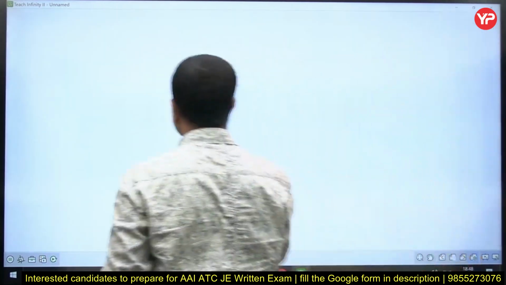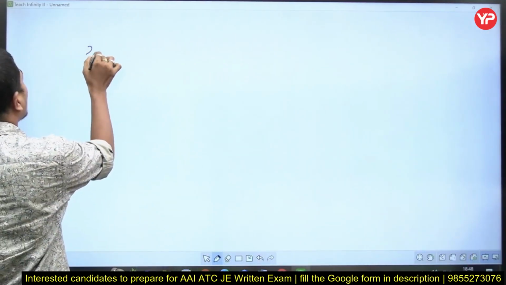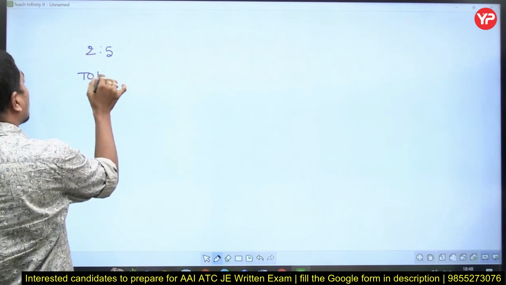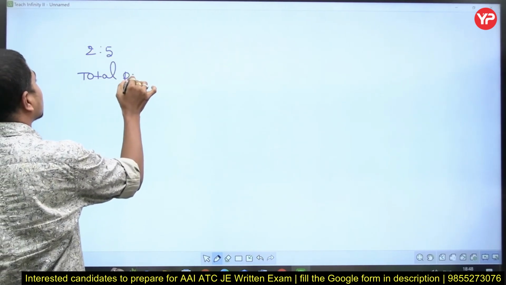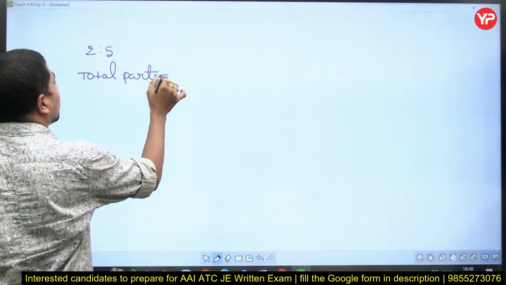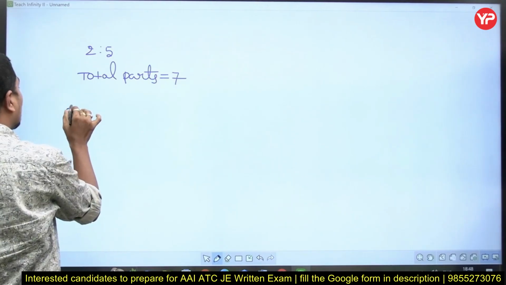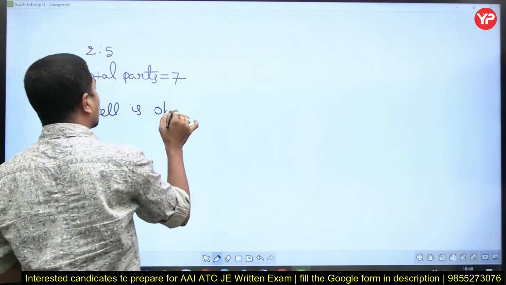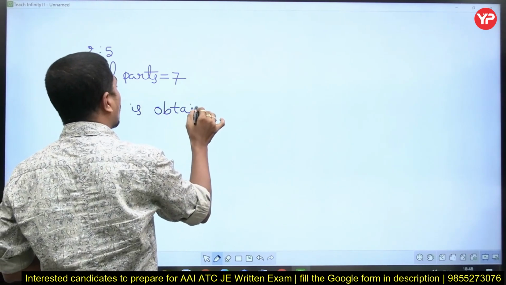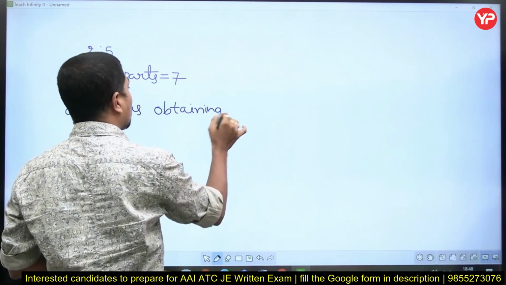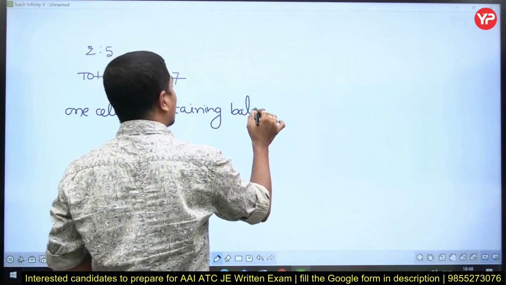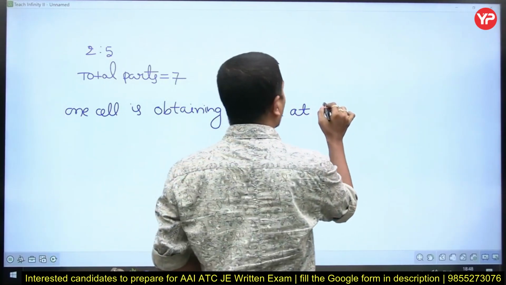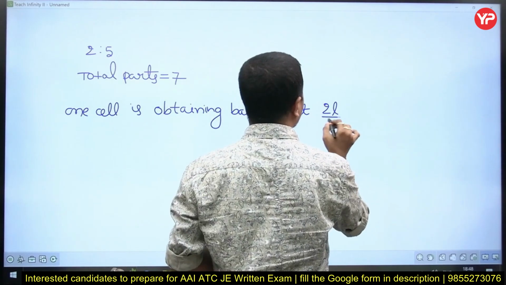He's saying that 2:5 means the total parts are 7. One cell is obtaining balance at 2 parts, which means 2L/7.